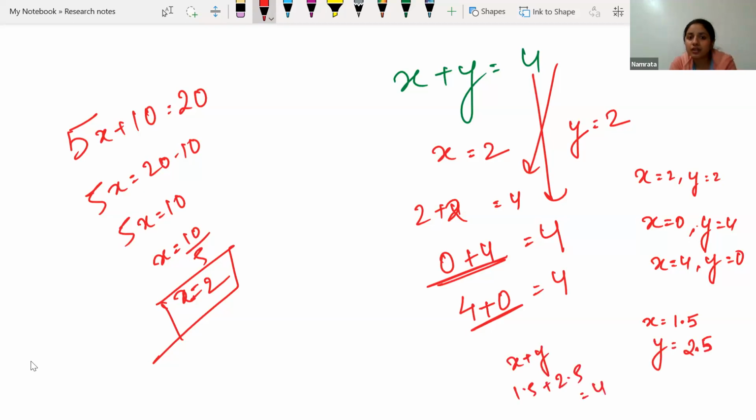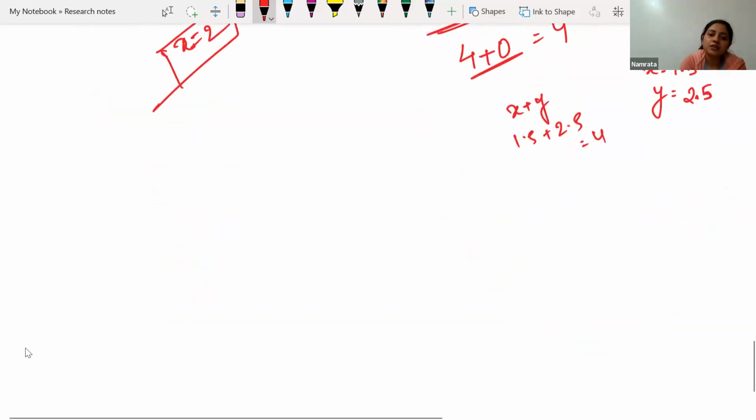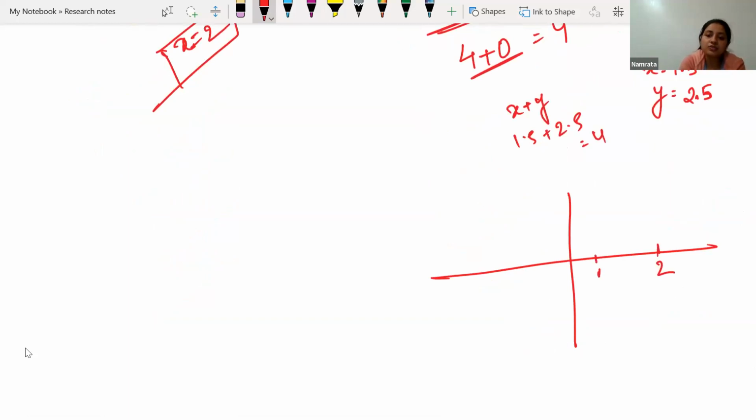Now, if you are wondering, is it a point? Yes, it's a point. In the coordinate axis, you know here is 1, here is 2. So where is 1.5? In between, there is the point 1.5. Here is 1, here is 2, here is 3. Where exactly is 2.5? In between 2 and 3, there is the point 2.5.